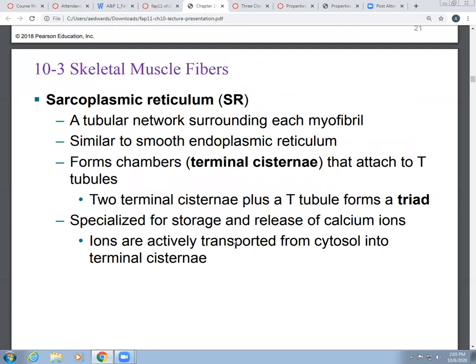All right, skeletal muscle fibers. You have the sarcoplasmic reticulum, which is, again, remember sarco is muscle, and plasmic reticulum sounds like endoplasmic reticulum, right? So this is basically the muscle cell's equivalent of the smooth endoplasmic reticulum.